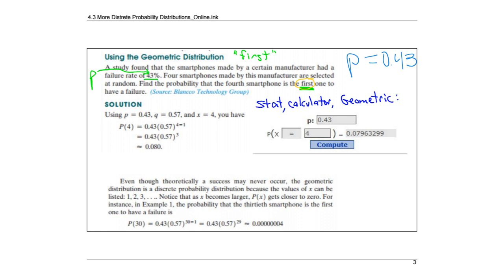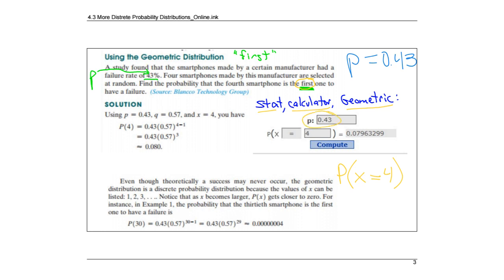So we want the probability that the first failure, or for us, that's a success, is the 4th phone. So we don't want the first 3 phones to fail, but that 4th one is going to fail. So we're going to go into StatCrunch. We're going to use stat calculator geometric.